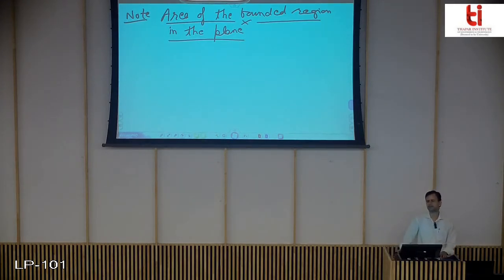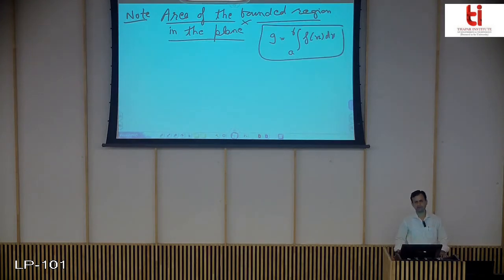You know, a single integral also gives you the area. This is I equals integral from a to b of f(x) dx. This also gives you the area under the curve from x = a to b, the area under the curve above the x-axis, provided f(x) is positive. So this gives you the area under the curve.